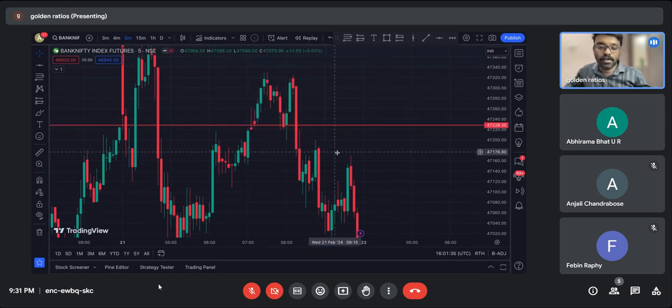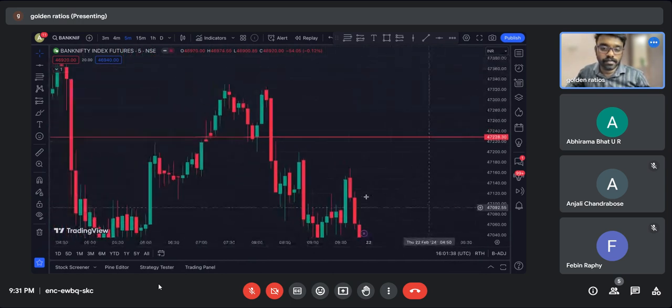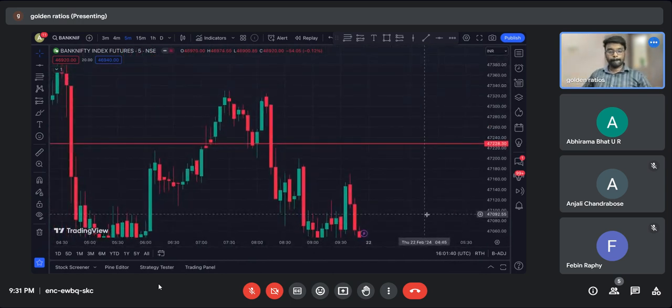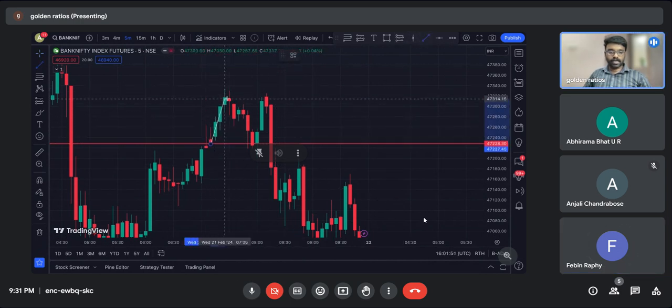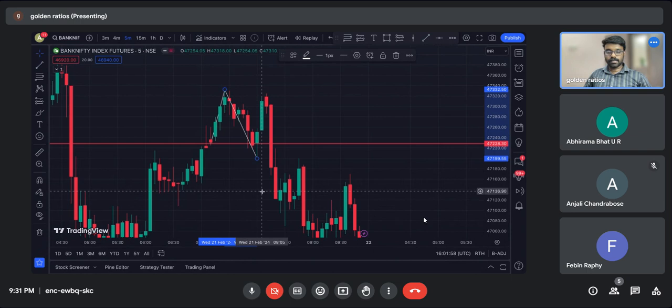Similar way, can anyone see one more entry? Is it here? Yeah, it happened. It took entry here, gave our target and moved up here. Then again, the market was pushed down, right?